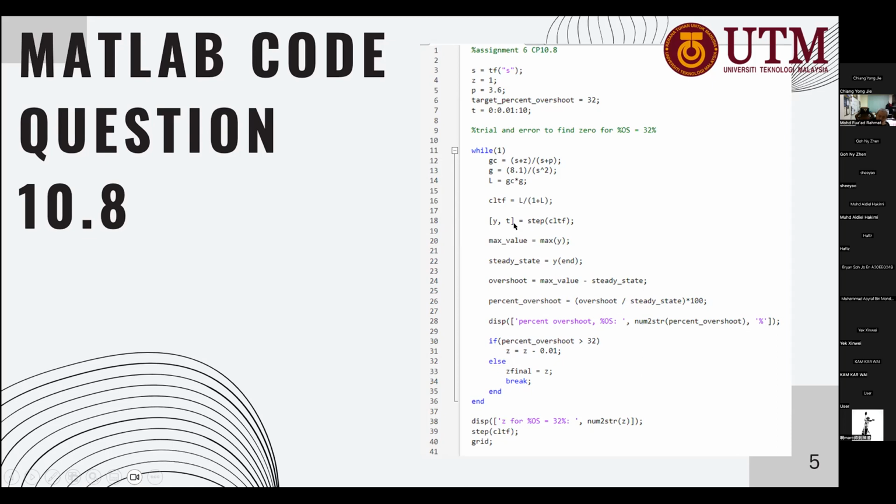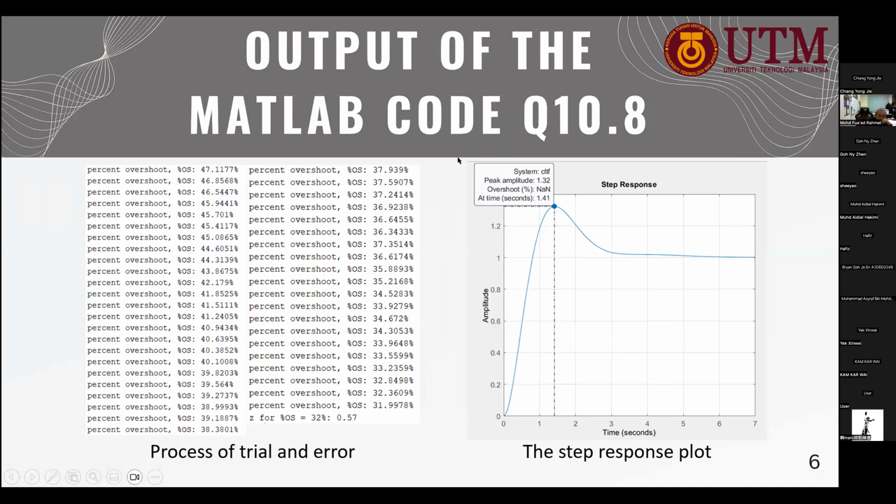So this is the output of our MATLAB code. The left hand side is every time we obtain the overshoot, we display it here, and basically you can see it's decreasing when the Z is decreased, until 31. So it's already less than 32%. So the Z at the moment is 0.57. And the right hand side is the step response plot.